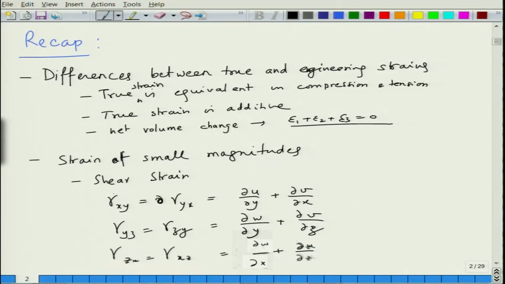You can write these also as gamma 1 2 or gamma 2 1, gamma 2 3 or gamma 3 2, and gamma 3 1 or gamma 1 3. So, these are the relations for shear strains.